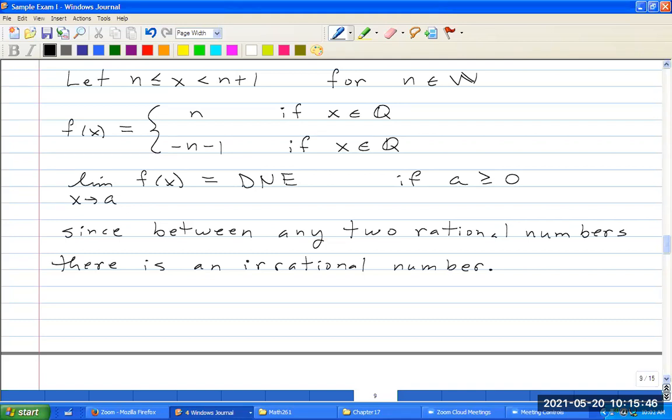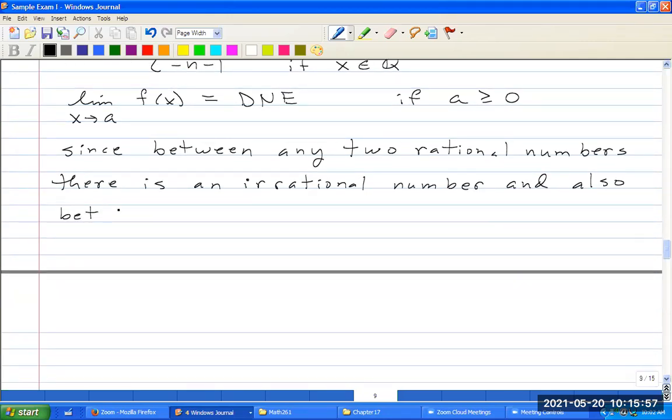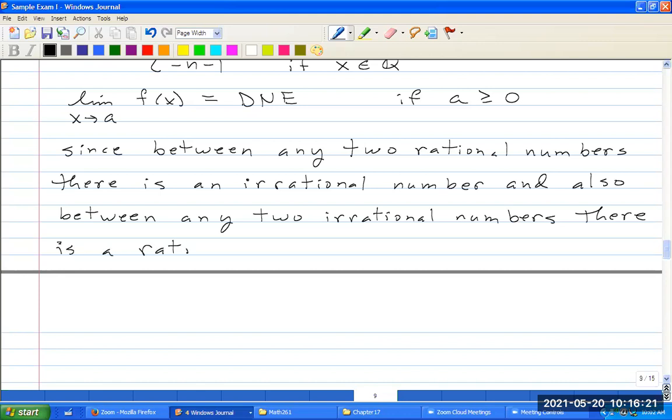And also, between any two irrational numbers, there is a rational number. So it keeps oscillating between n and minus n minus 1.